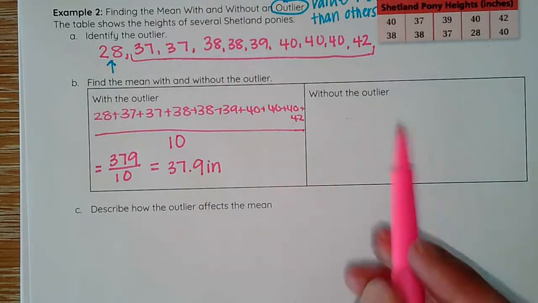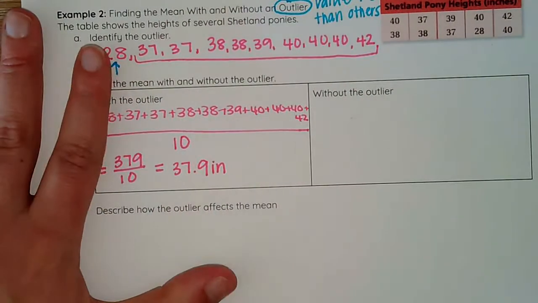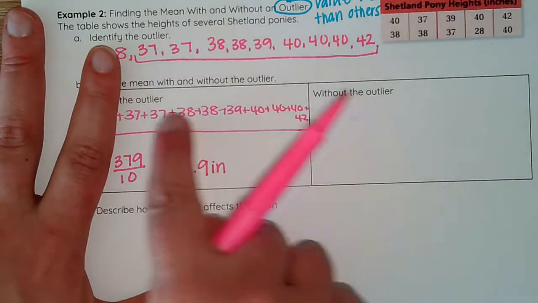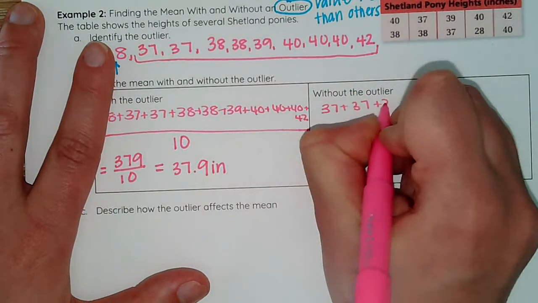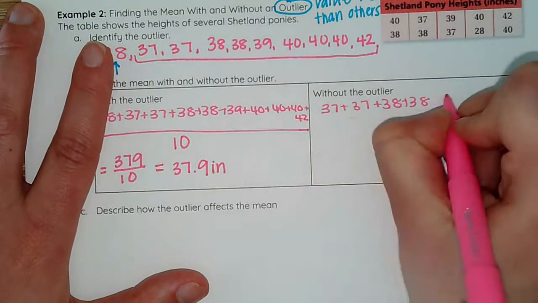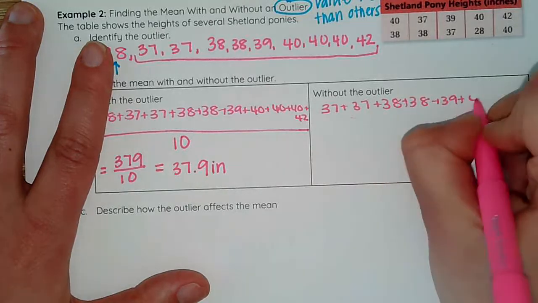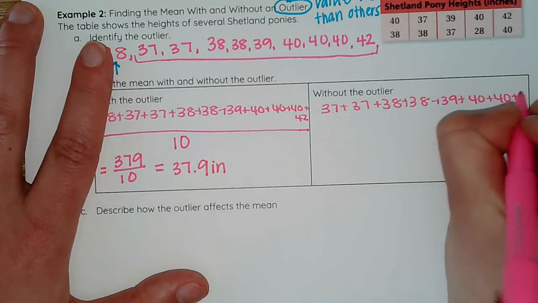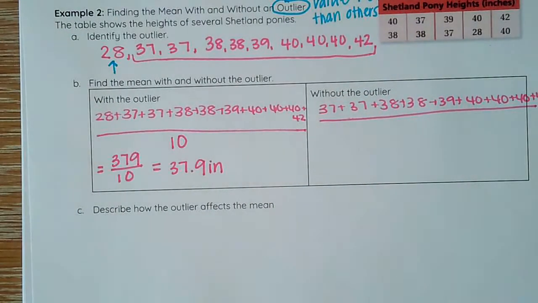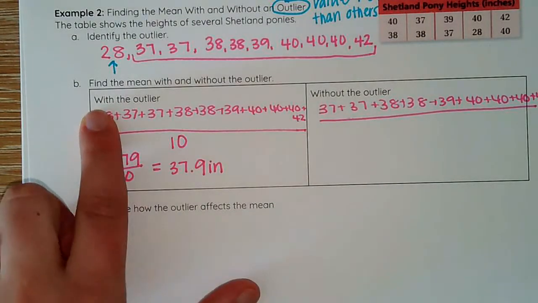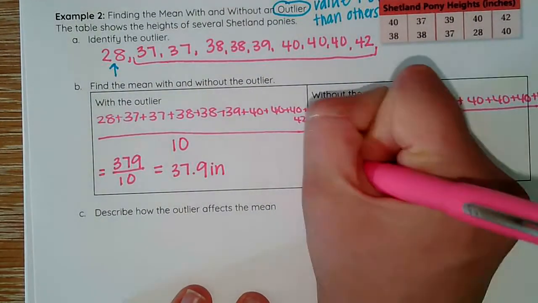All right. Then we go ahead and take that 28 out. So we add up all the rest of our data points, combine them all, squeeze in that 42, but this time I have one less data point. I'm only using 9 of the points because I got rid of that 28. So I divide that all by 9.